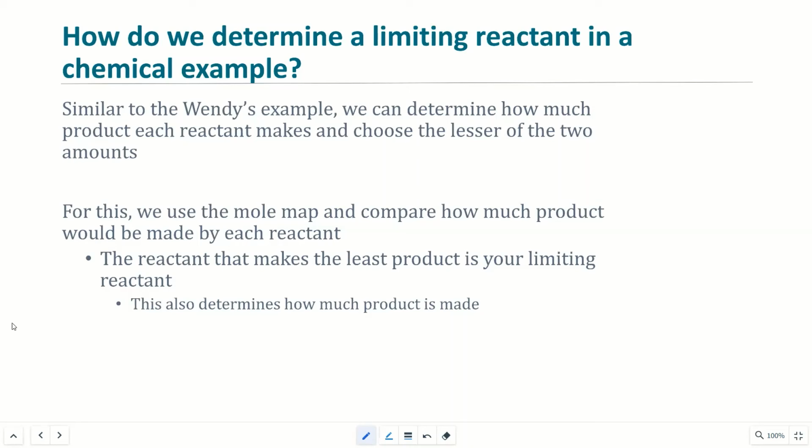Then what we can do is very similar to what we did in the Wendy's example. We take the reactant, convert it into product, and we do that for every single reactant. The reactant that makes the least product, that's our limiting reactant.